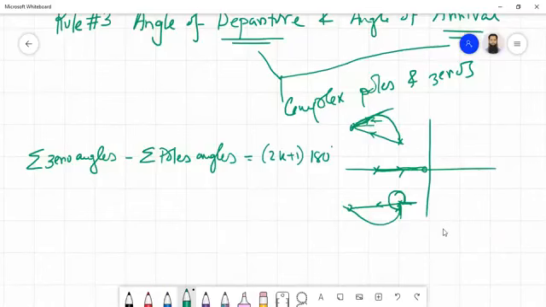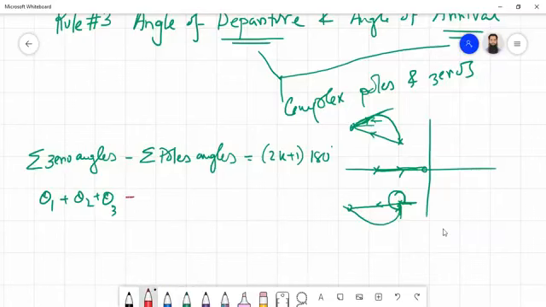So in an arbitrary case, we have zeros, theta 1 plus theta 2 plus theta 3. These are the zeros. And say we have poles, theta 4.